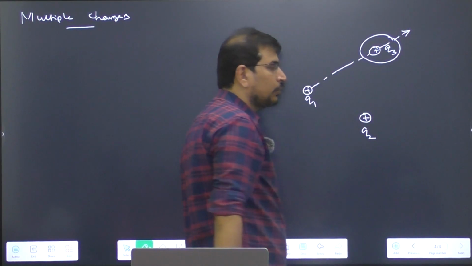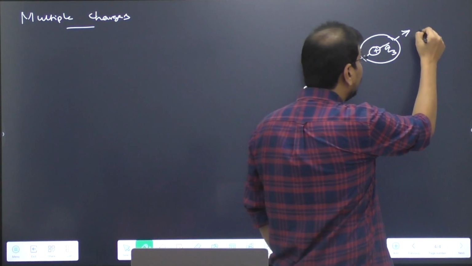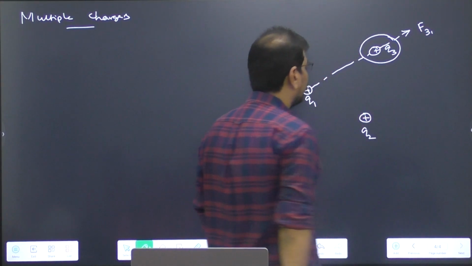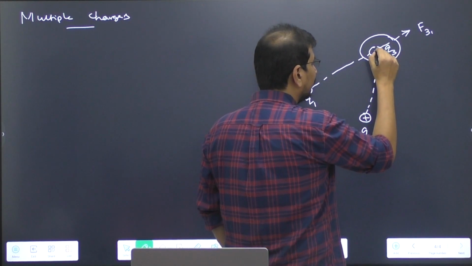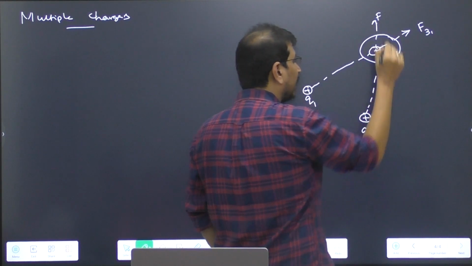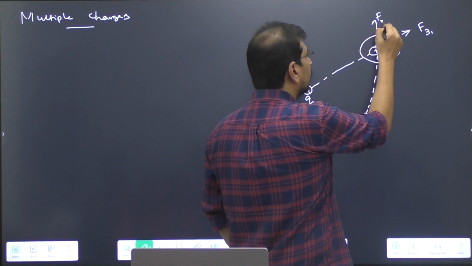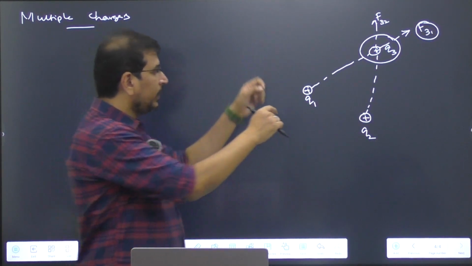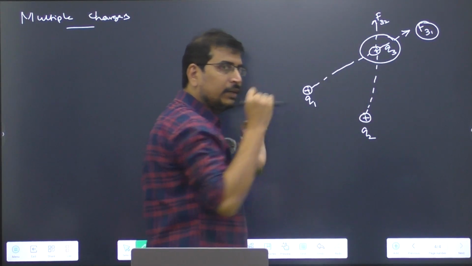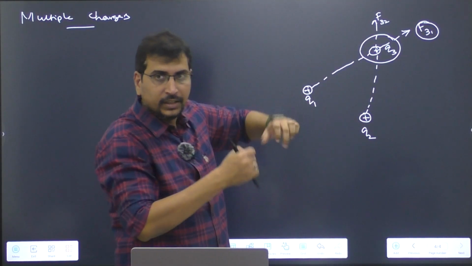What notation will you give to it? F31. Similarly, due to the second charge, it will experience a force in this direction. What name will you give to this? F31 is the force between these two charges taken individually. F32 is the force between 3 and 2 taken individually.